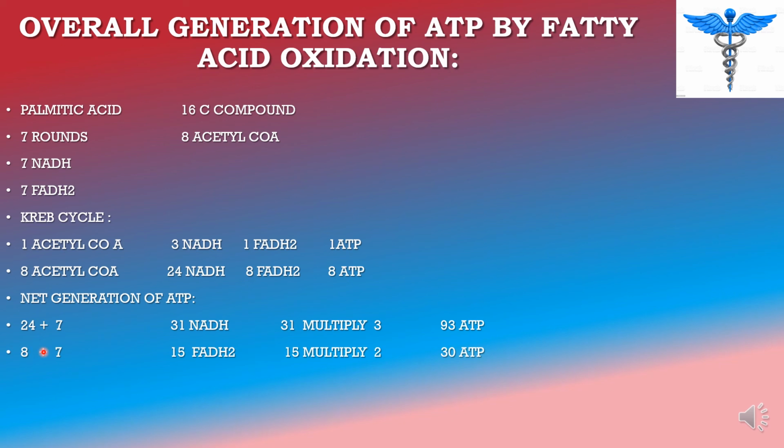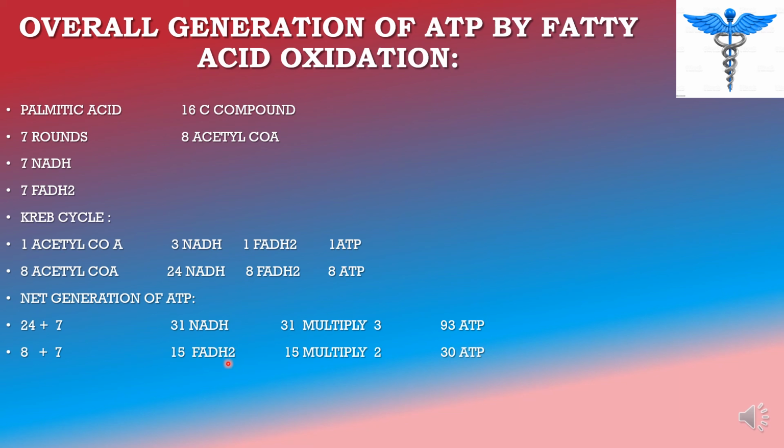8 plus 7. This 8 is over here. In the Krebs cycle we get 8 FADH2, while the 7 is over here. In the beta oxidation proper we get 7 FADH2. When we add this we get 15 FADH2.